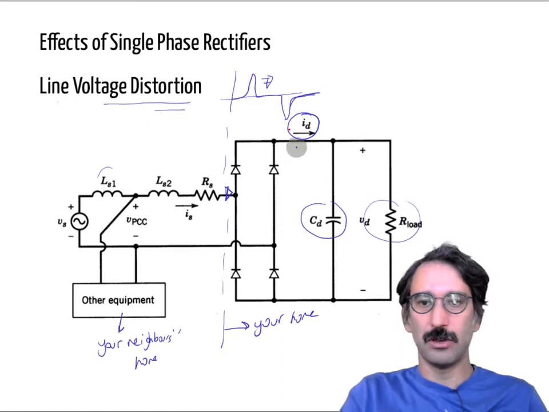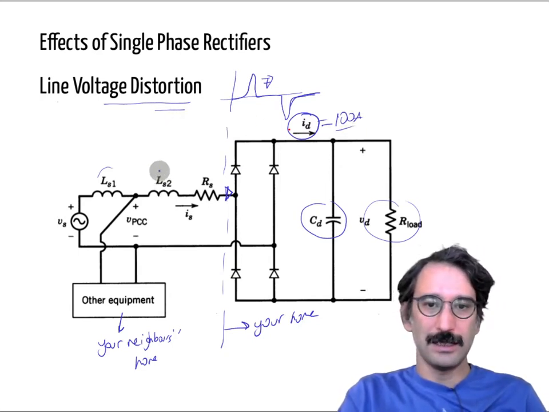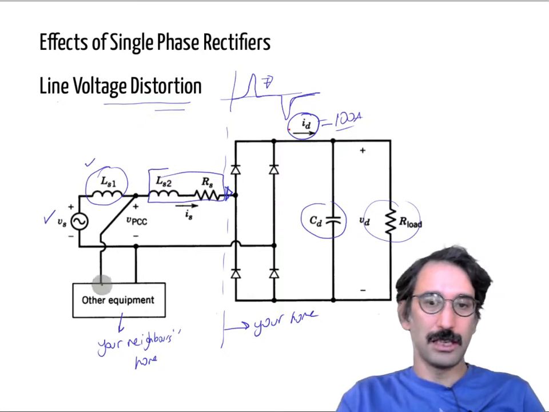So let's say you are connecting a large rectifier and you are drawing 100 amps, whatever, quite a lot of power, and then there is some inductance. You are connected to the same grid, but there is some inductance due to all the cables bringing the power to your home, and from your neighbor's home to your home there are also separate cables.